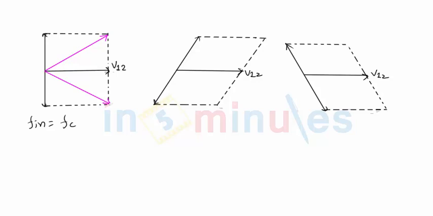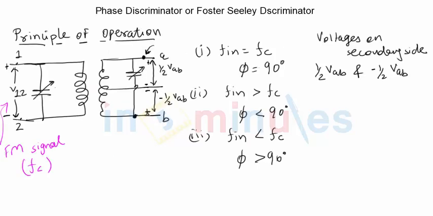And for exactly the same reason, if I want to draw the voltage on the secondary side, which we have called half VAB, the voltage across the first half of the secondary, that voltage and V12, the voltage on the primary side, will both be 90 degrees phase shifted from each other. That's the reason when V12 is horizontal, half VAB is vertical. Similarly, the voltage across the second half of the secondary will also be 90 degrees phase shifted with respect to V12, but because we are measuring the voltage at the lower end of the secondary, we call this voltage minus half VAB.